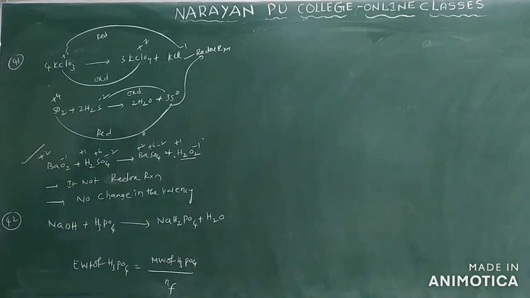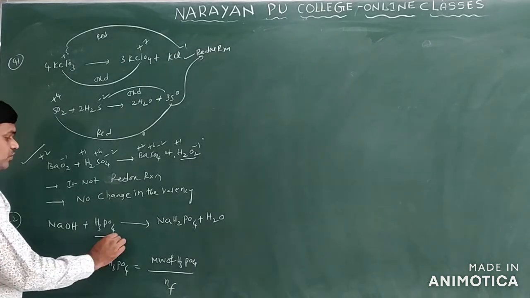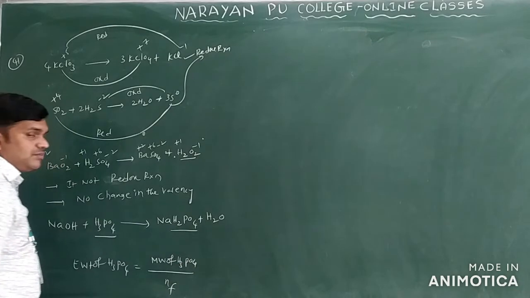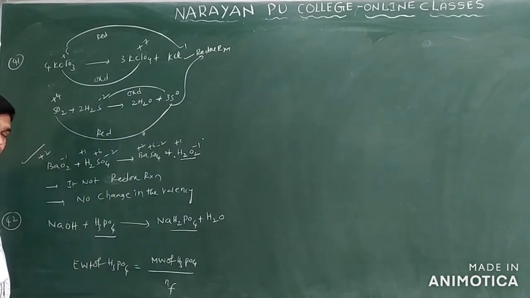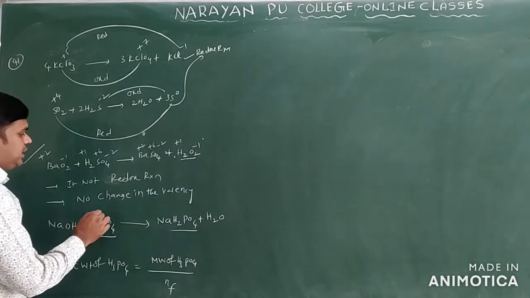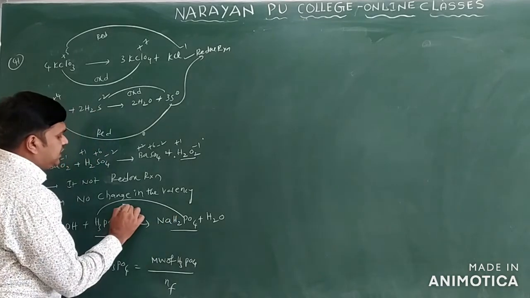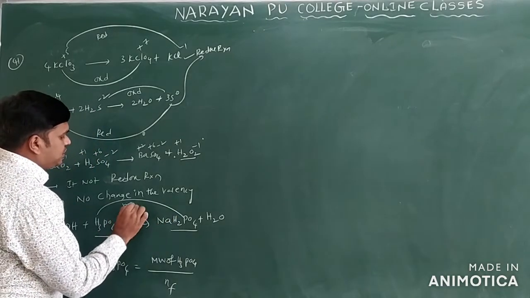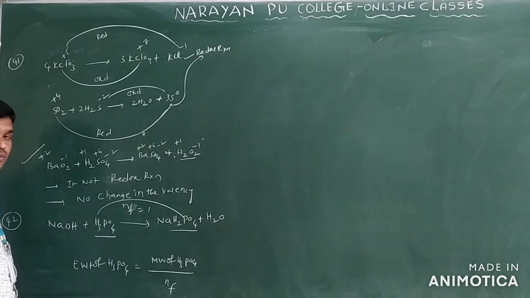Now we will see the equation. NaOH plus H3PO4 gives rise to NaH2PO4 plus H2O. Here H3PO4 is there, here H2PO4 is there. So this H3PO4 lost how many H plus ions? 1 H plus ion only. Now from this you can write that n factor is equal to 1 only. Why? It gives only 1 H plus ion. Its n factor is 1 only.